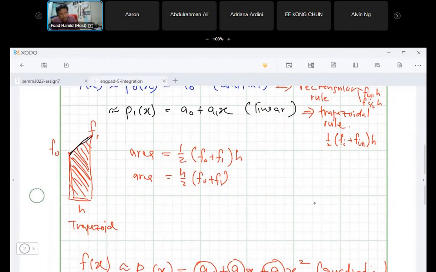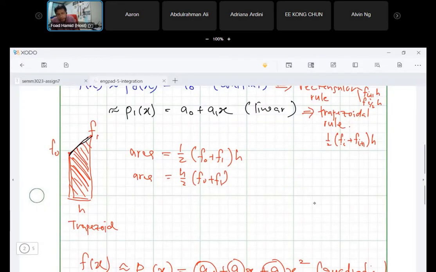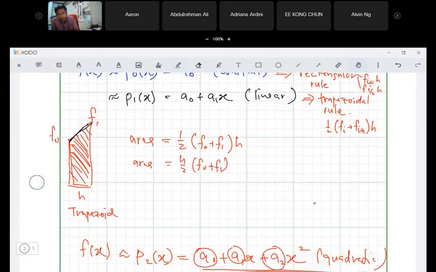So what we did here was approximating the curve. Let's say this is the curve, and these are the two limits.